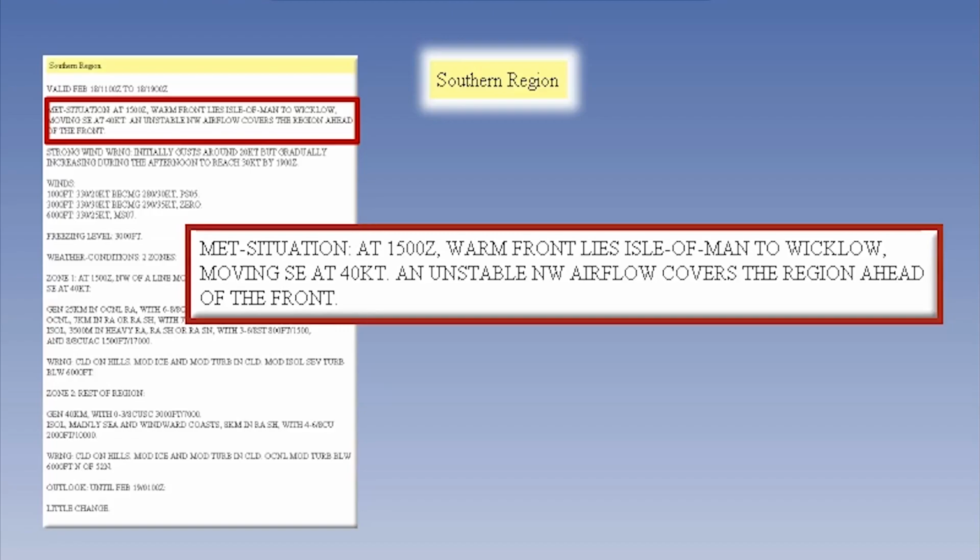Comment is usually made of any fronts which will affect the region, together with any movement. Details of air mass changes will also be given. Common, concise, plain English is used to describe the meteorological or Met situation as it is usually called.